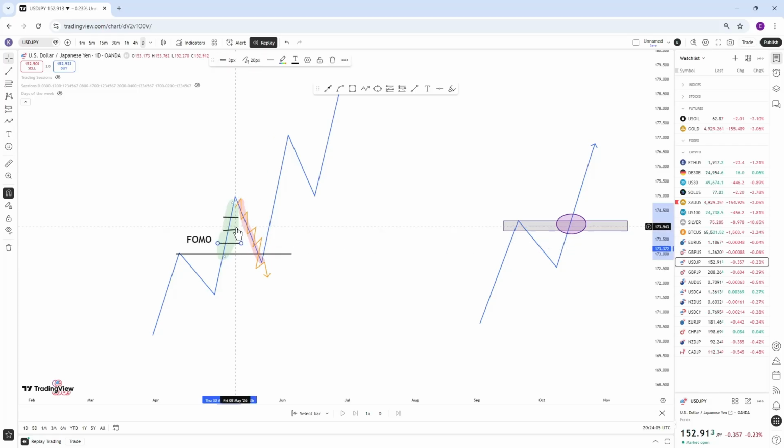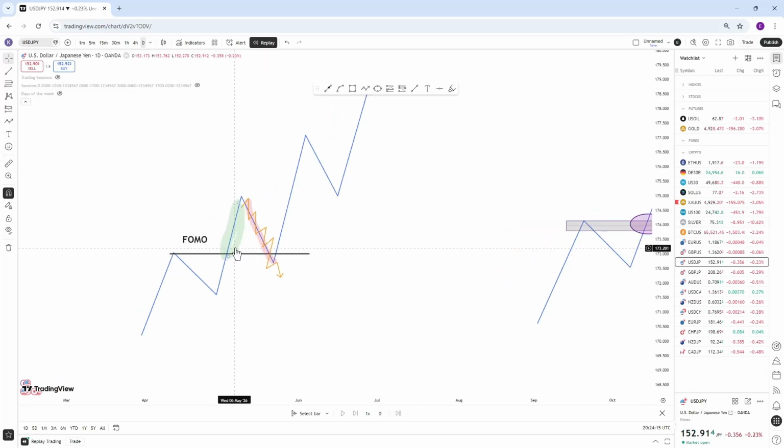So what happens here after indication? The market will correct back inside here. That's what you have to know. These two moves you have to look out for in the market. You don't trade these moves.